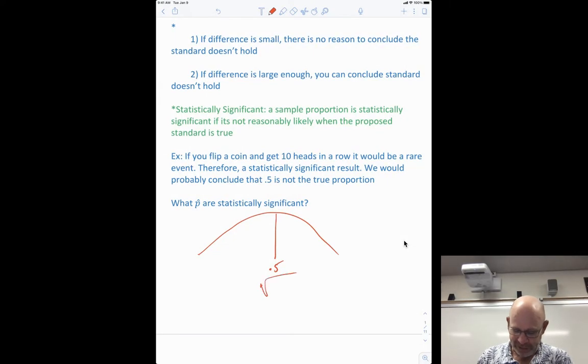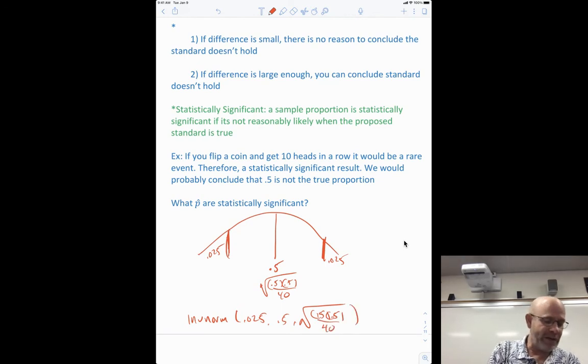The standard deviation would be the square root of 0.5 times 0.5 over 40. If we're doing 40 flips in this case, 10 is not enough flips. That's why I use that. And then we can figure out reasonably likely, right, by doing inverse norm of 0.025 with a mean of 0.5 and that standard deviation. I'll do the one side. Actually, I can do both sides because it's going to be symmetrical, right?